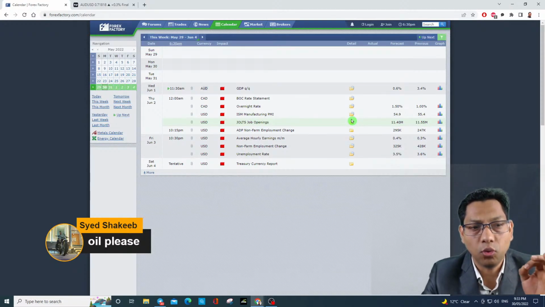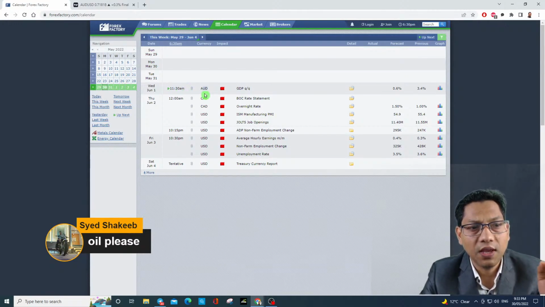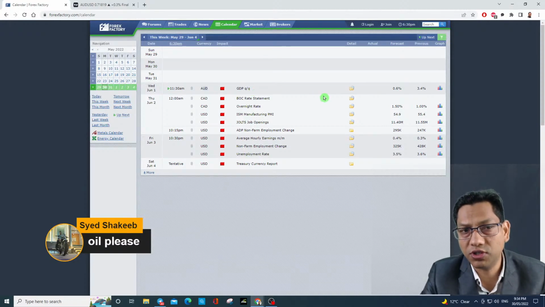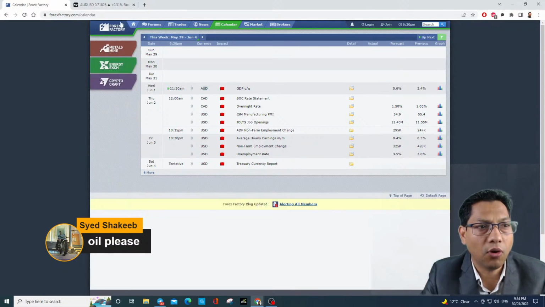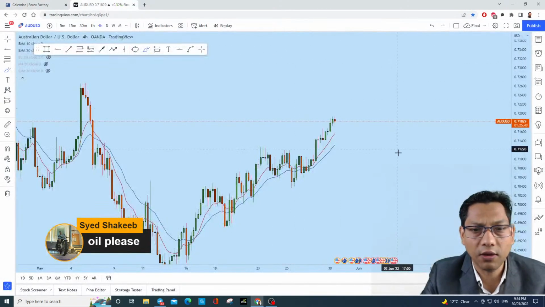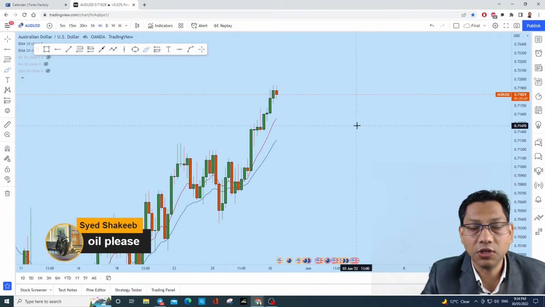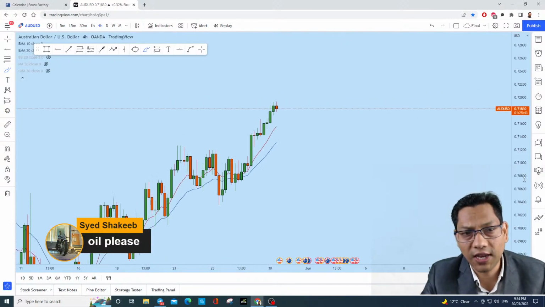Because there is a news release on Wednesday at 11:30 a.m. Sydney time, which is in the morning in Australia, and that day is the monthly candle close, Aussie dollar looks bullish. So I think it will continue to be bullish until the news release or candle close.